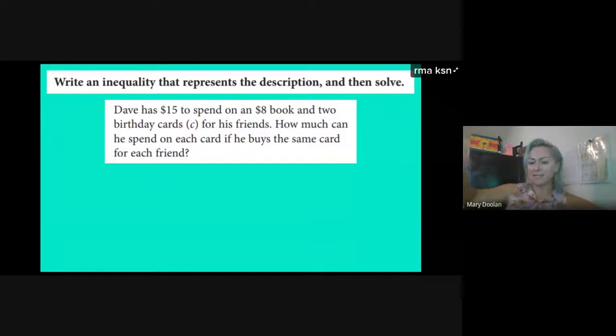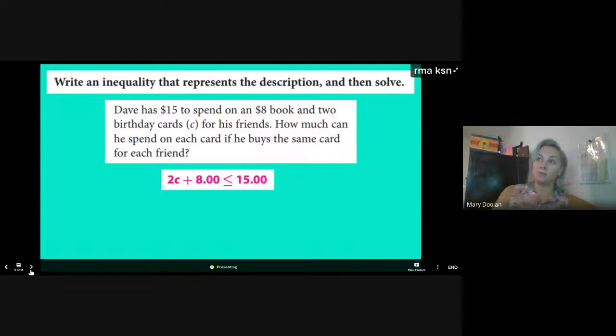He doesn't have to spend exactly $15. Okay, it's his budget. He has to stay within it. So he has to stay under or equal to $15. He could spend $14.75. He could spend $9. He could spend $15, but it has to be less than or equal to 15. So on one side of our inequality, we're going to be adding up his purchases, and then on the other side we have 15.